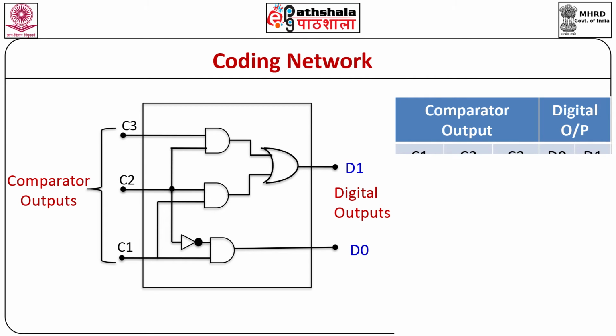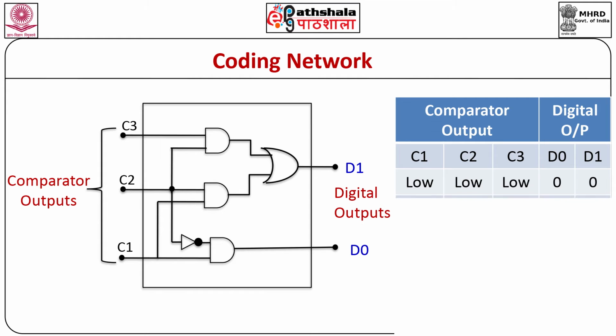For this circuit, when C1, C2, C3 all are low, the circuit will generate the output D0 bit and D1 bit 0, 0. Whereas when the analog voltage is within the range of plus V by 4 to 3V by 4, in that case C1 output will be high, C2 and C3 will be still low, and this coding network will generate the digital output 0 and 1.